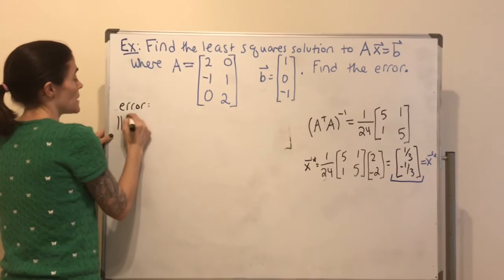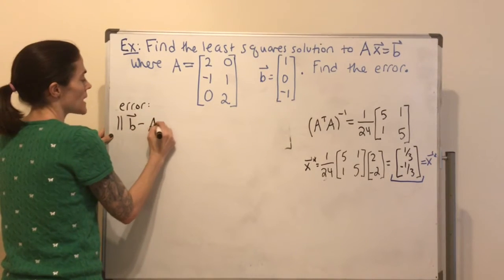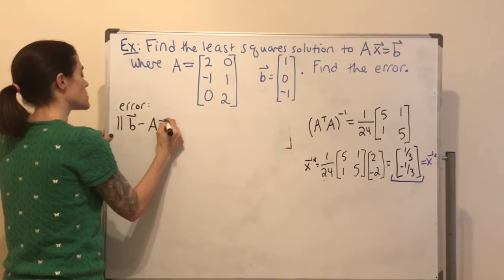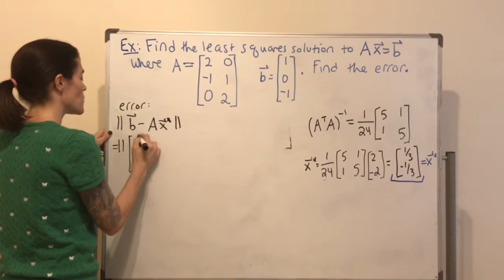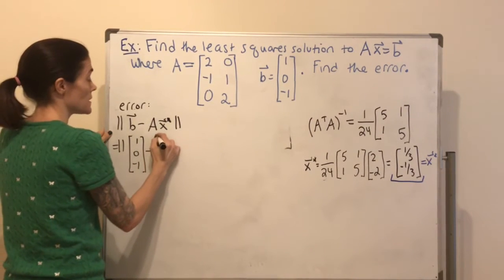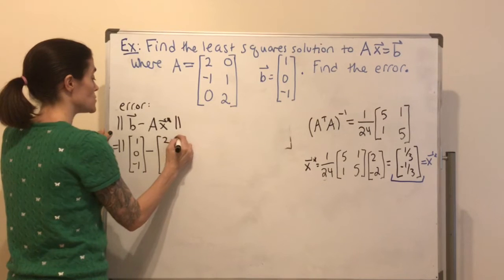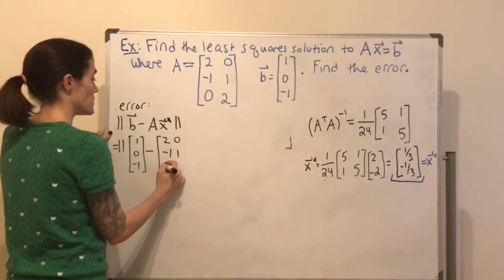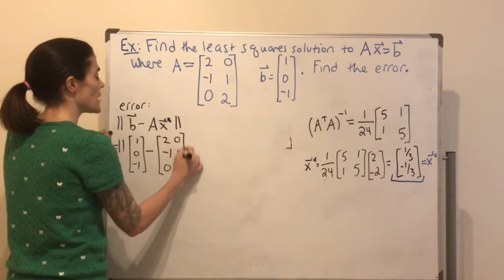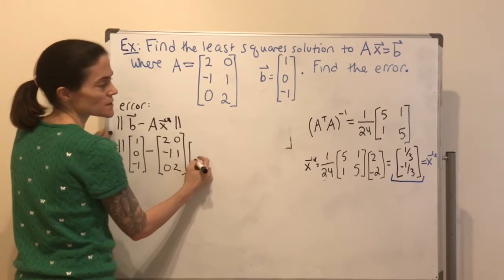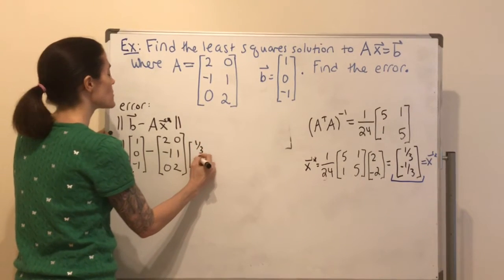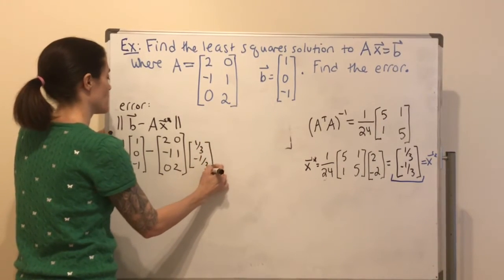It is the length of b minus A x star. b is 1, 0, minus 1. And then here's my matrix A, 2, 0, minus 1, 1, 0, 2. And finally, here is my least squares solution. It's a third, minus a third.